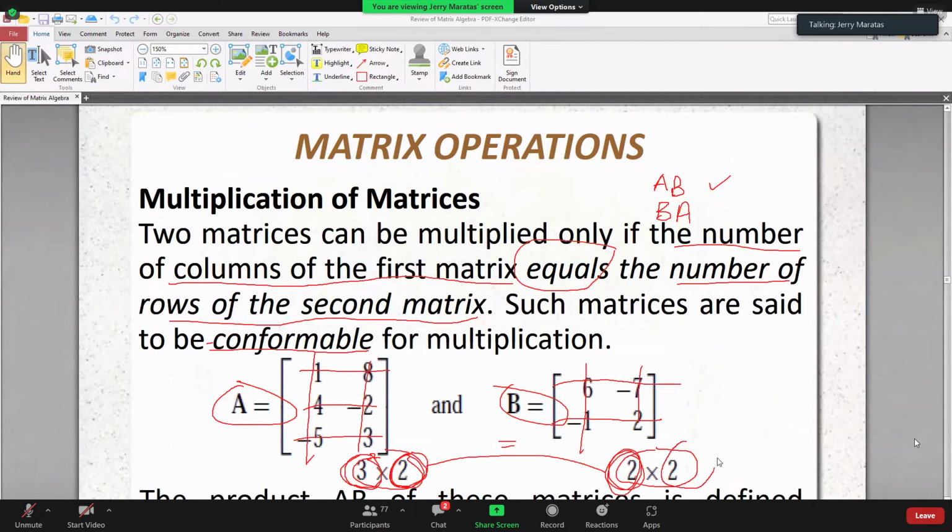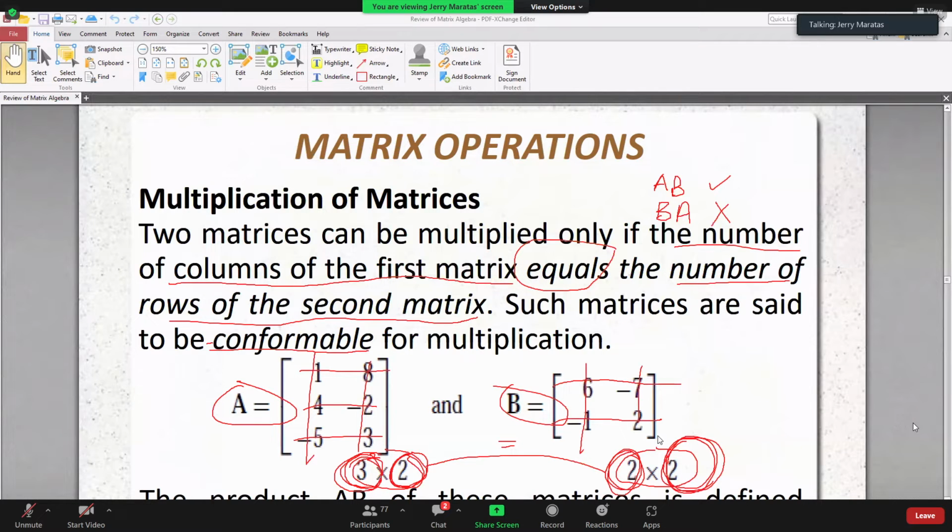This one, 2, right? Am I right? And the number of rows, if the second matrix is A, the number of rows is 3. And take note, they are not equal, meaning you cannot multiply matrix B and A if B is the first matrix.